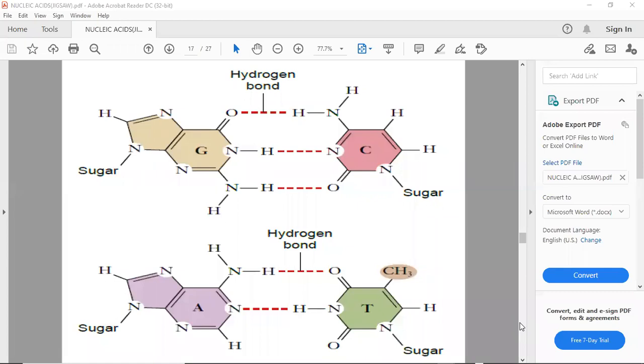So that leads to 3 hydrogen bonds being formed in guanine and cytosine, and 2 hydrogen bonds forming in adenine and thymine. So you have a hydrogen acceptor and a donor.